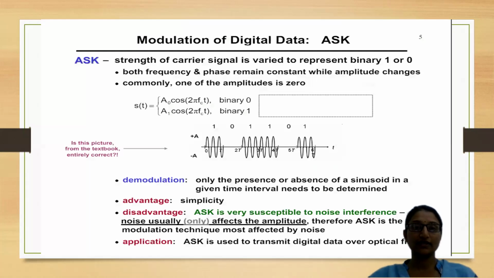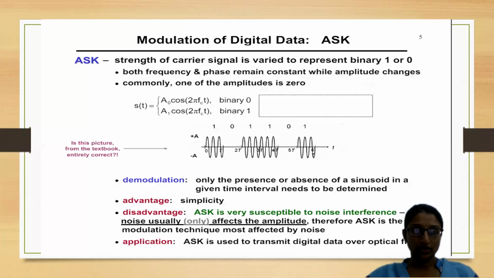Both frequency and phase remain constant while amplitude changes. Commonly, one of the amplitudes is 0. As we discussed previously, whenever there is a binary 0, we can't observe any signal in the modulated waveform. But if there is a binary 1, we can observe the carrier signal.